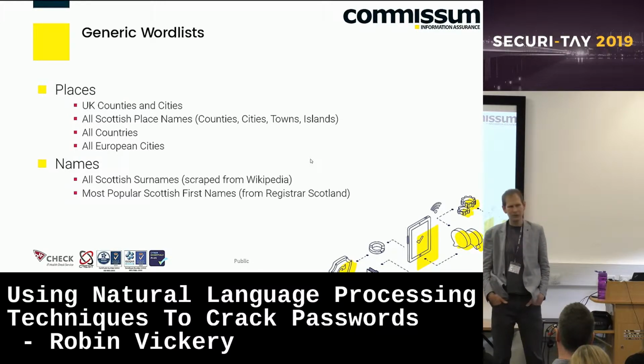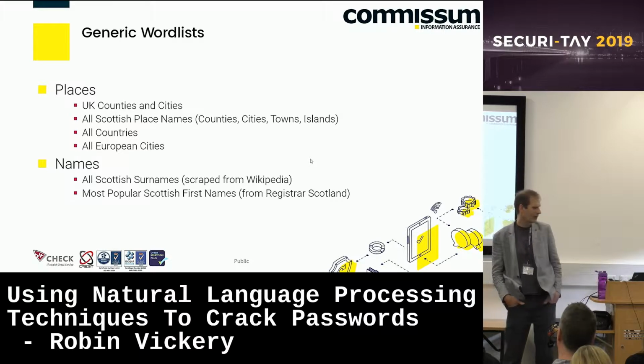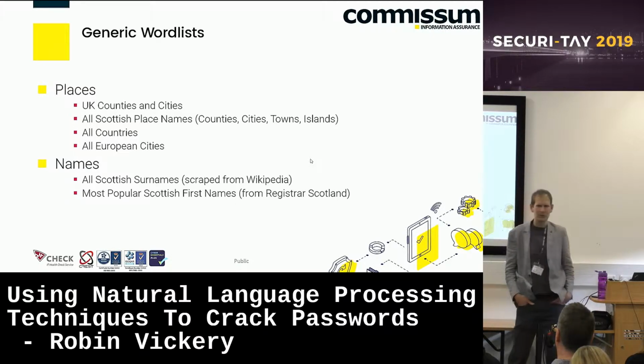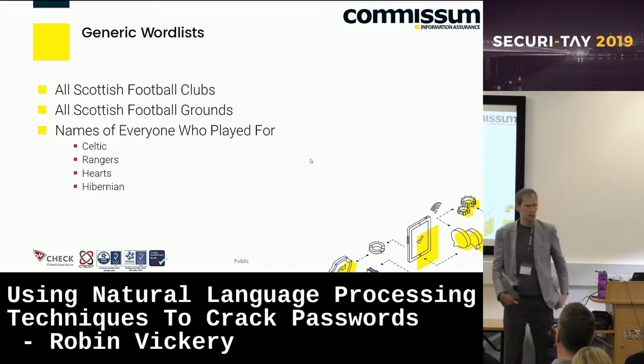I've got a list of countries, cities, all the Scottish place names, all the Scottish surnames. National Records of Scotland provides a nice list of all the baby names for each year, and I stick all those in my password list, so my dictionary, and that gets us a load more.